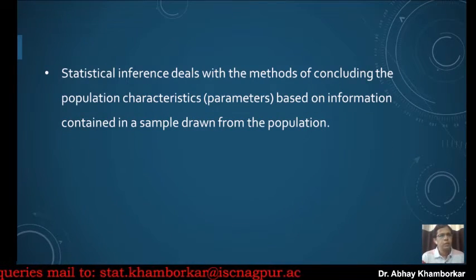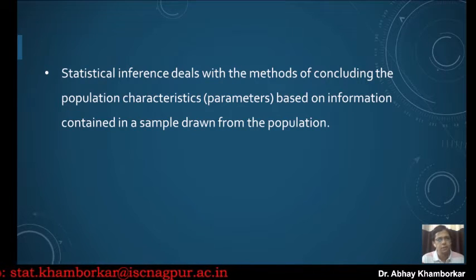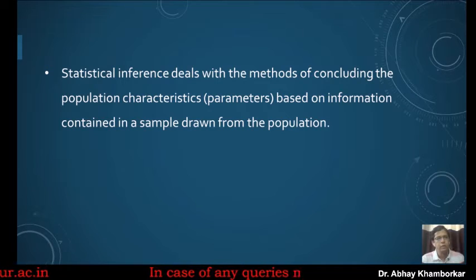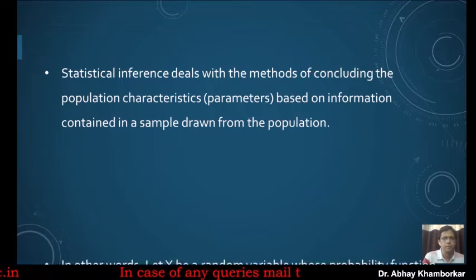Now, as I already told you, statistical inference deals with the methods of concluding the population characteristics, that means the parameters, based on the information contained in a sample drawn from the population. So the sample is drawn from the same population, and on that basis we make an inference about the population parameter.